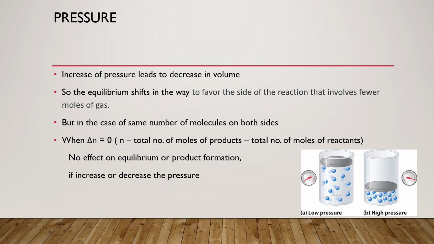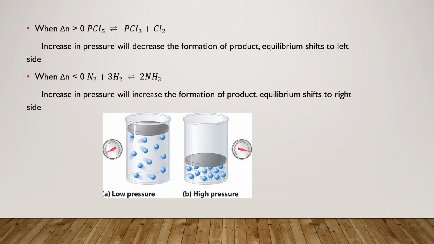What if delta n is greater than 0 or delta n is less than 0? Let's take delta n greater than 0, a positive value, where the number of moles on the product side is high. Let's take this reaction, PCl5 dissociation.